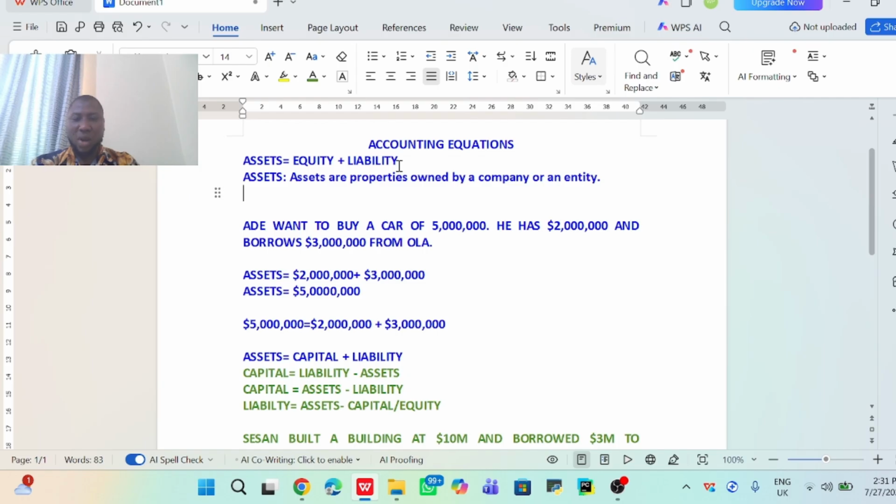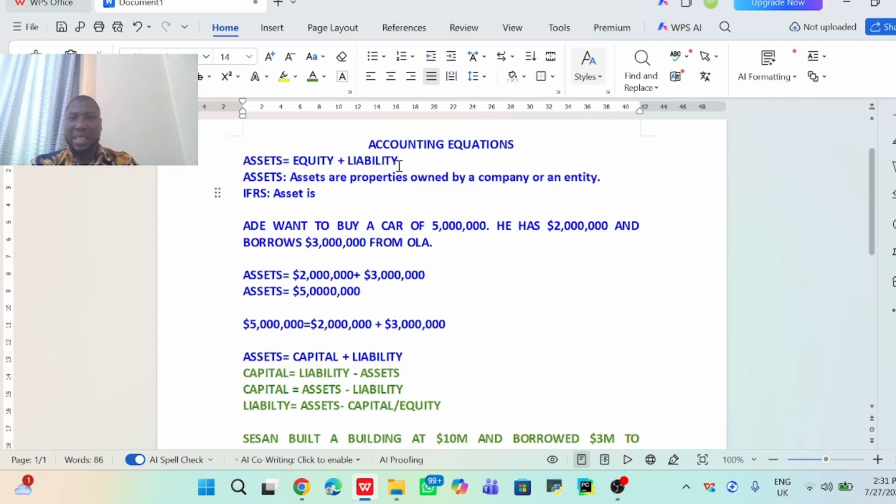But according to IFRS, an accounting standard that guides the preparation of accounts, IFRS gives its own definition of an asset.